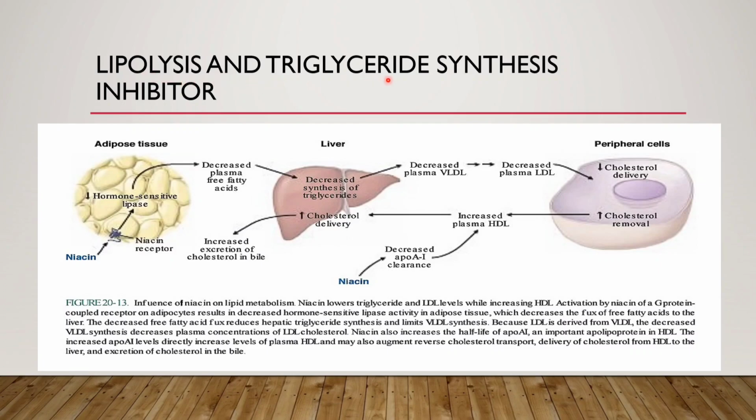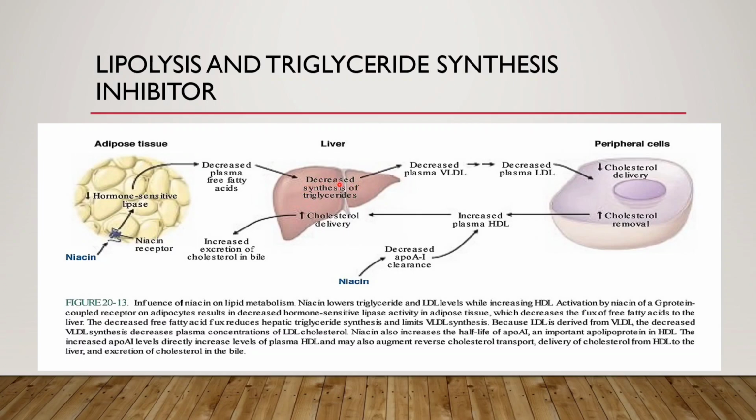Lipolysis and triglyceride synthesis inhibitor. Niacin or nicotinic acid binds to the niacin receptor, that is a G protein coupled receptor, resulting in decreased activity of hormone sensitive lipase, which decreases the influx of free fatty acids from adipose tissue to liver. So there is decreased synthesis of triglycerides in the liver.